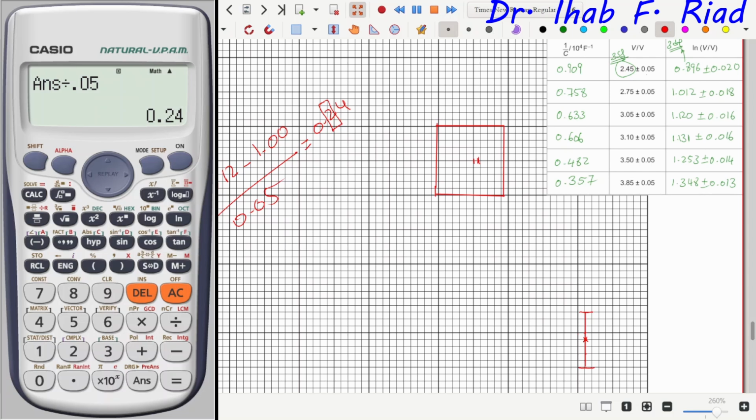How do we decide that? I'm going to show you. It is 1, 2, and it is in between 2 and 3, closer to 2 than it is to 3. Then the data point is going to be here.